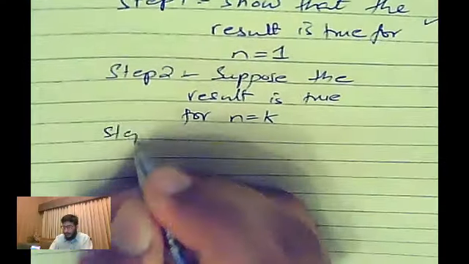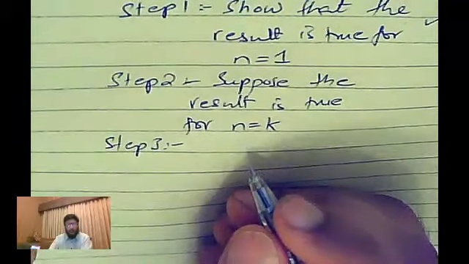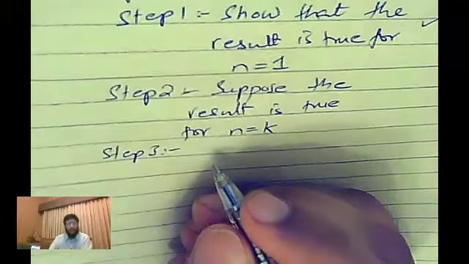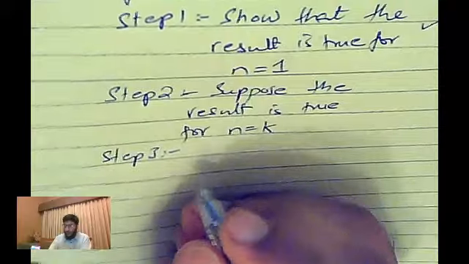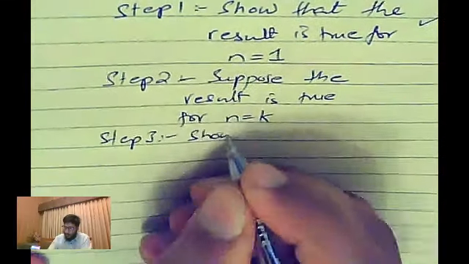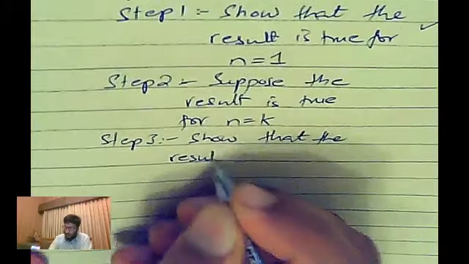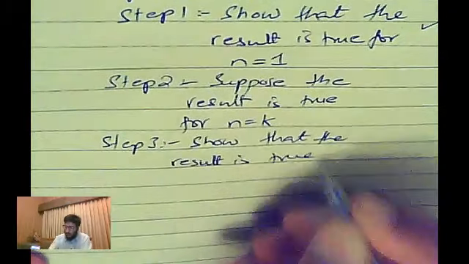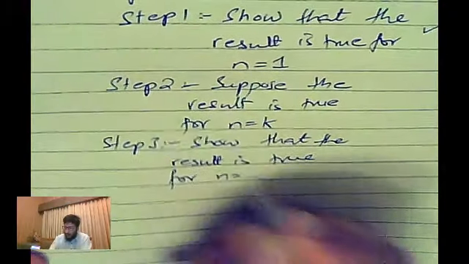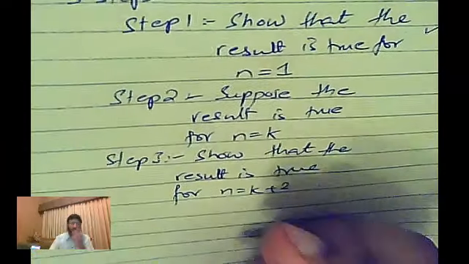And then step 3 is, we have to show that the result is true for n equals k plus 2 or k plus 1 or k minus 1, whatever suits you.